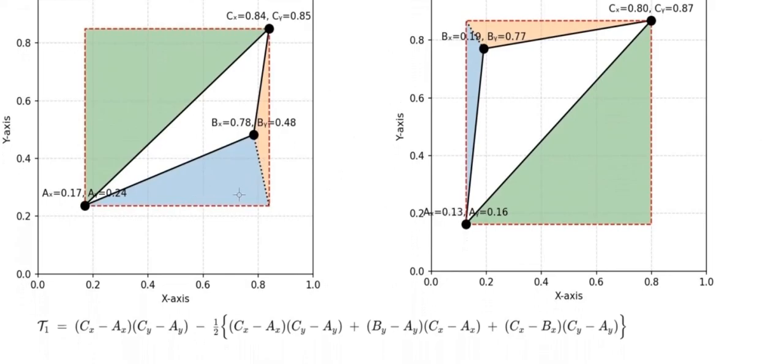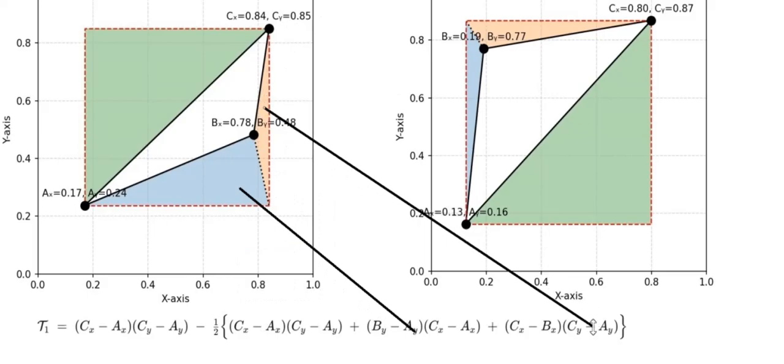BY minus AY, CX minus AX is the blue area marked here, and CX minus BX, CY minus AY is the red area, and this is the big green area, CX minus AX, CY minus AY, which is obviously just going to be half of the box.